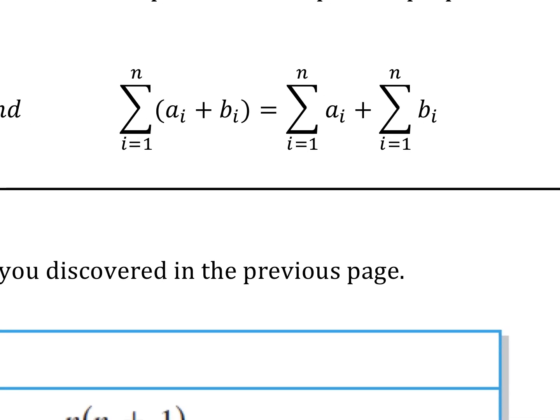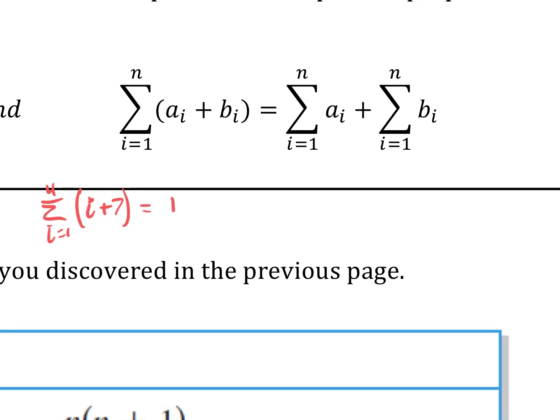All right? Also, we could say this. If we have a sum of two things being added together, two terms, we can break that up. We can take these two terms and break it up into two summations from 1 to n, or whatever the bounds are. So, for example, if we have the sum, let's say again from 1 to 4, of i plus 7, well, let's write that out.